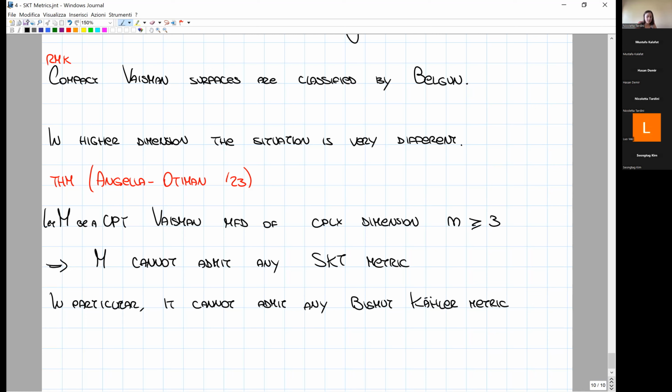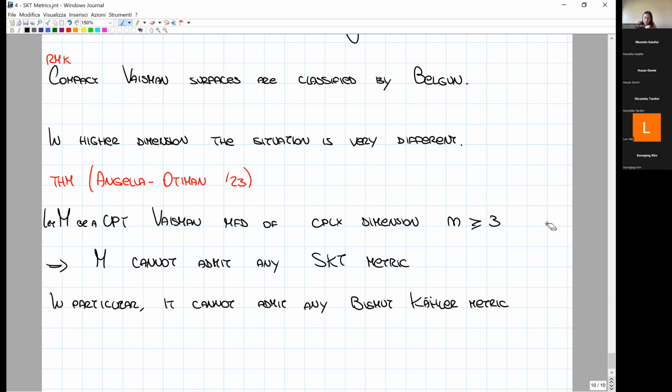So somehow it is related to what we said in the second lecture. Because we said that it is conjectured that we cannot have both balanced metrics and SKT metrics, because it's kind of natural to ask if we can have on a complex manifold two different special Hermitian metrics. So in the balanced case, the question is still open. In the Vaisman case, it was proven this year, okay?